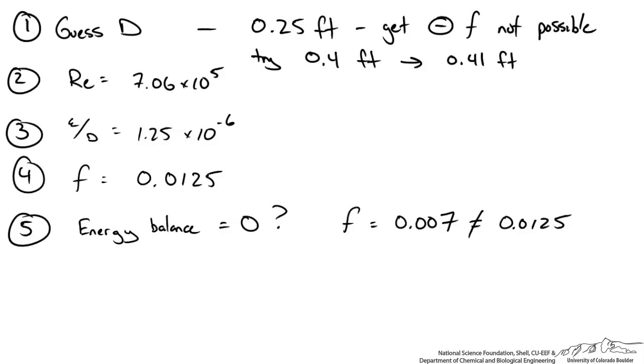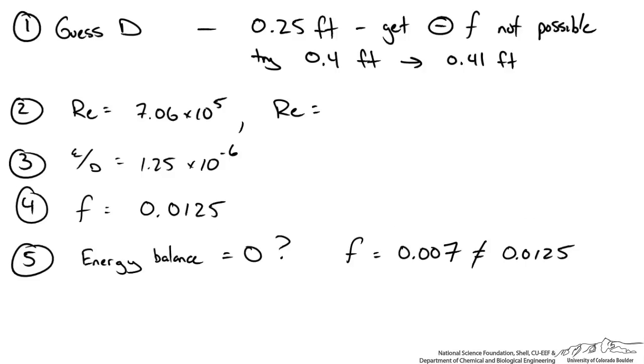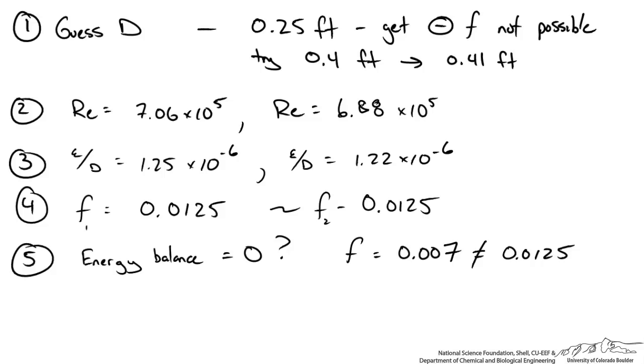When you do 0.41, I get a Reynolds number that's equivalent to 6.88 times 10 to the 5th. Now, epsilon over the diameter changes to 1.22 times 10 to the minus 6. So as we would expect, the friction factor on trial 2 is equal to 0.0125.